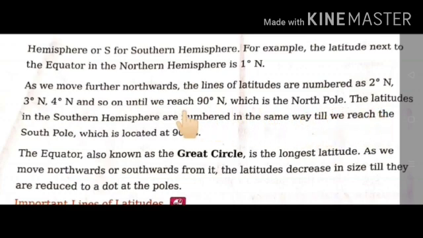The latitudes in the southern hemisphere are numbered in the same way till we reach the South Pole, which is located at 90 degree S, S for south.